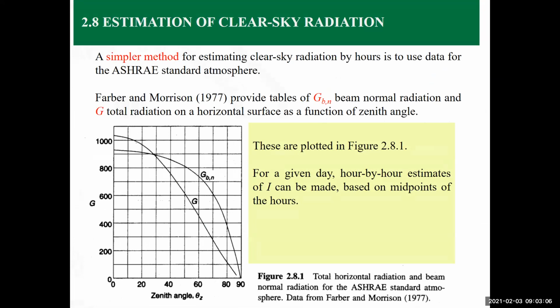A simpler method, as usual, is to use a figure based on the zenith angle. You can get the value of the beam radiation, or the normal radiation falling onto a surface. That has always been the trend when people started with this.